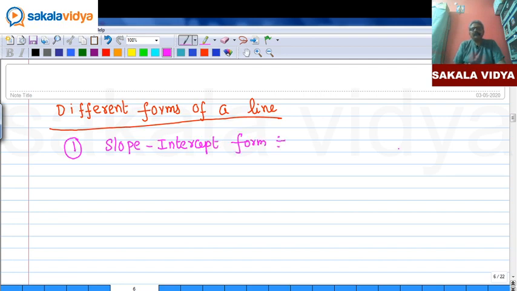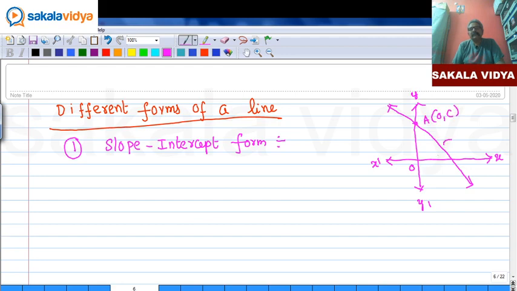For example, you take the axes like this, origin, x, x dash, y and y dash. Suppose the line cuts the y axis at (0, c) and whose slope is m.